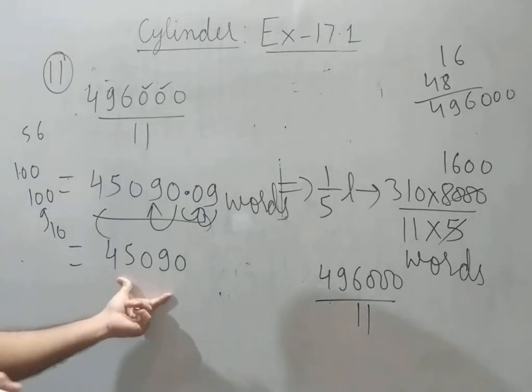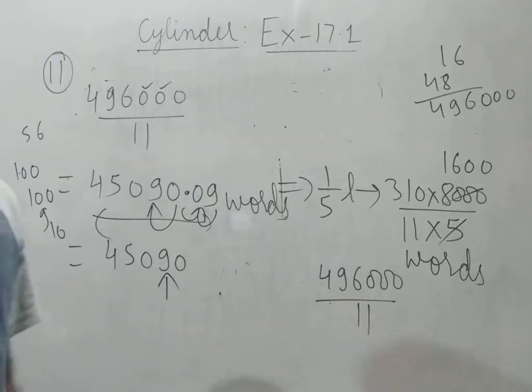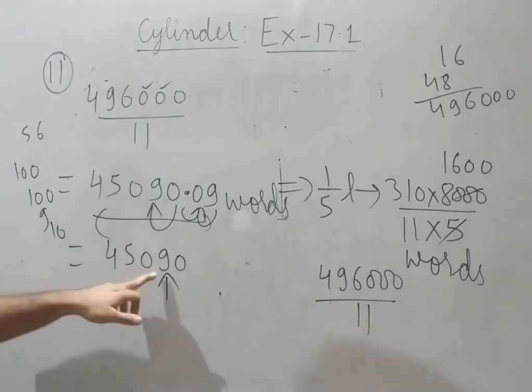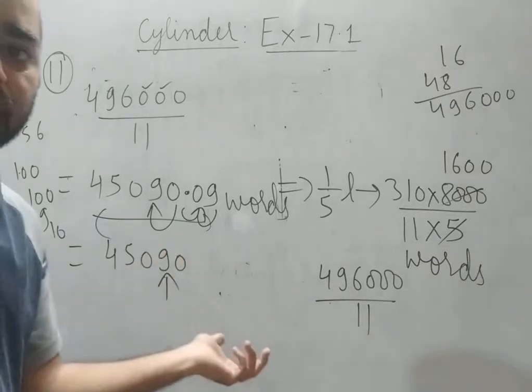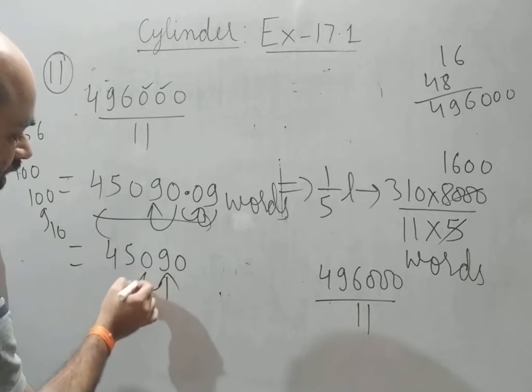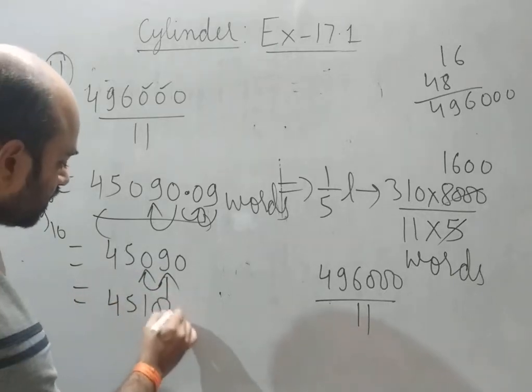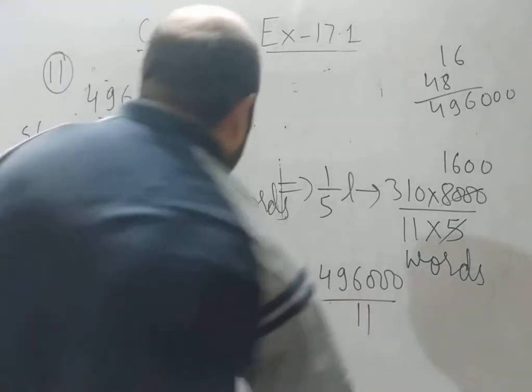For correct to nearest 100, we have to see the tens place. If the tens place is 5 or greater than 5, then we will add 1 to its 100 place. That is 45100 words.